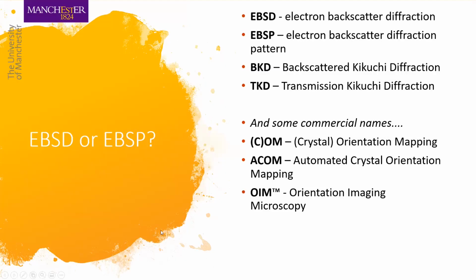So electron backscatter diffraction is EBSD, but some other terms are also used which do sometimes make it a bit difficult to interpret, so I wanted to put these in there. The EBSP basically refers mainly to the patterns instead of the technique. In the early days, the technique was referred to as BKD, backscatter Kikuchi diffraction, but that term is less used these days.